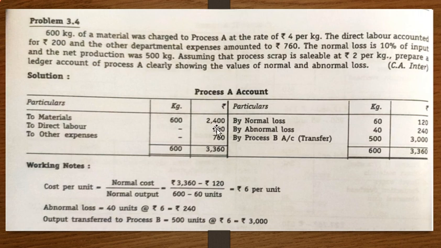It is 2400 plus 200 plus 760, which will give you 3360, minus 120, minus 240. So when you subtract your normal loss and abnormal loss, you get the difference, which is 3000. So this is the output value for process A account, which will be transferred to your process B account for further production process. So the next problem we will be discussing is problem number 3.5.